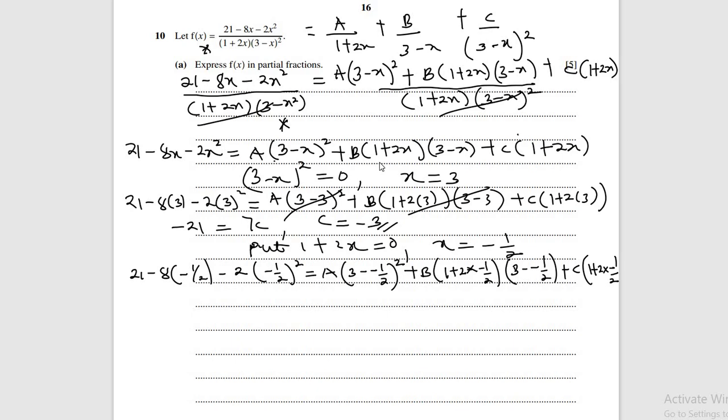When you evaluate this, it gives us 49 over 2 equal to 3 plus half, that will be 7 over 2 squared, that's 49 over 4, 49 over 4 A. This one, 2 cancels 2, 1 minus 1 is 0, so this gives us 0. This one is also 0. So 49 cancels 49, and I have half equal to 1 over 4 A. At the end of the day, my A will give us 2.